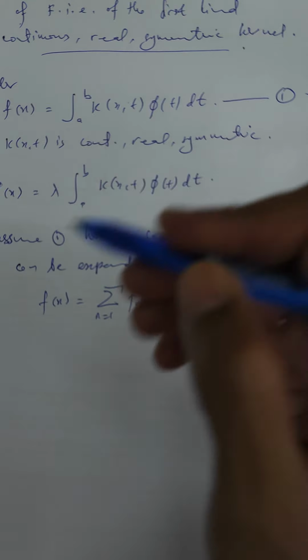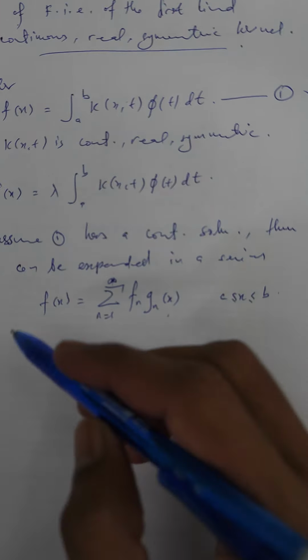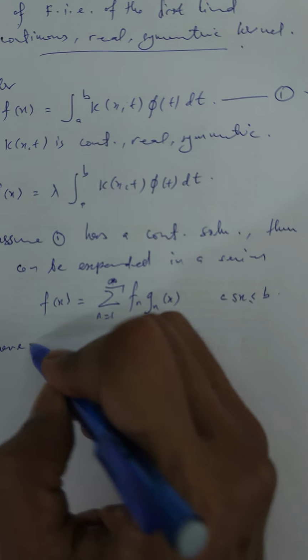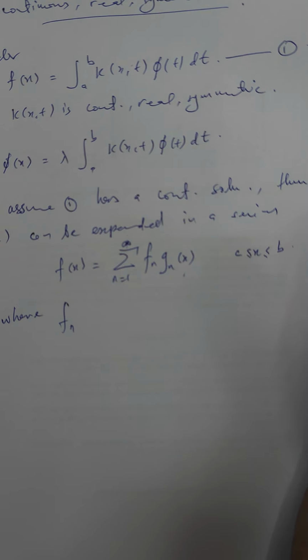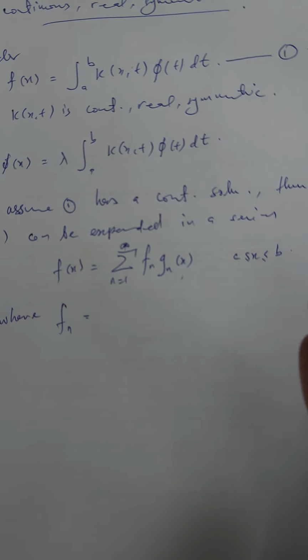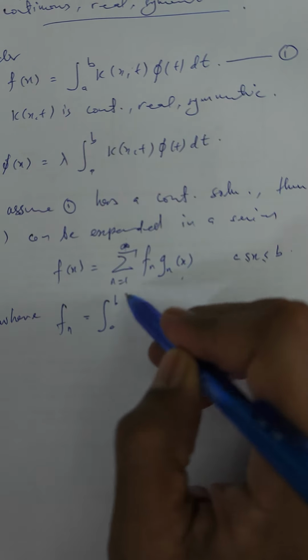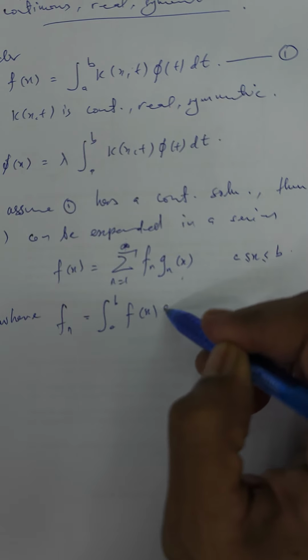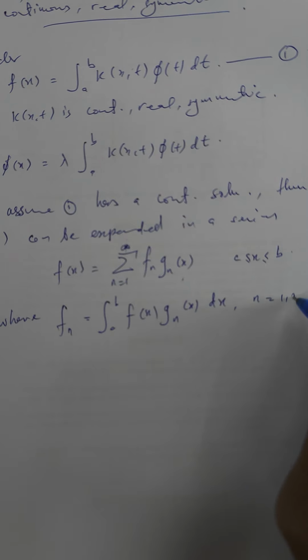How do we do this? Using the Hilbert-Schmidt theorem that we mentioned earlier, where f_n is the Fourier coefficient, which is the inner product between f(x) and g_n(x). This is the integral from a to b of f(x) g_n(x) dx for all n, 1, 2, 3, and so on.